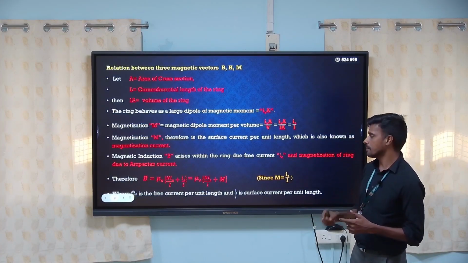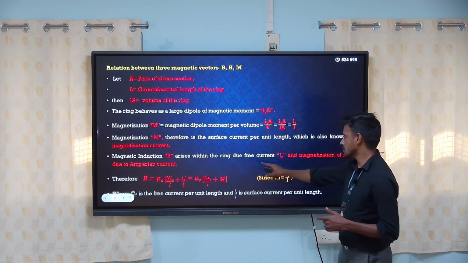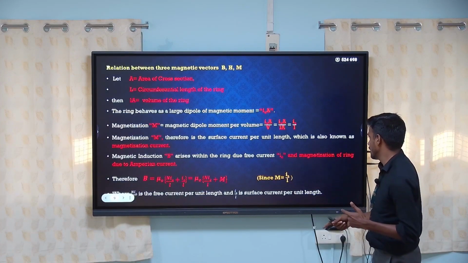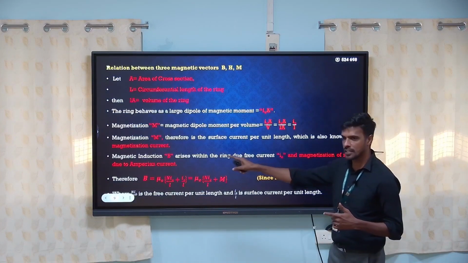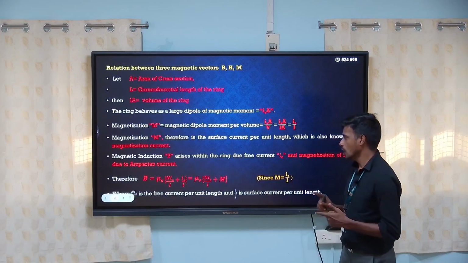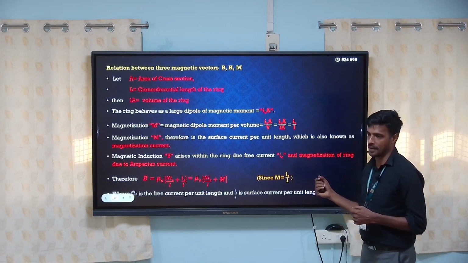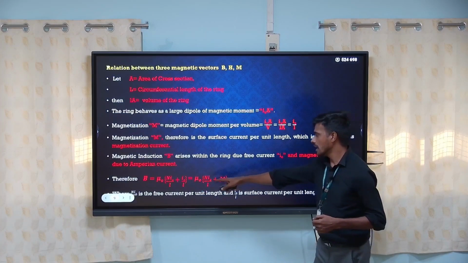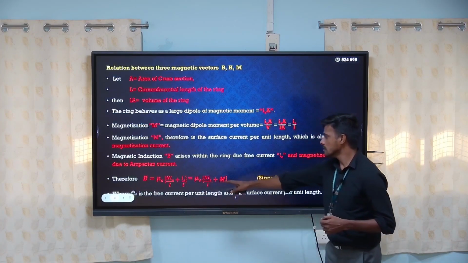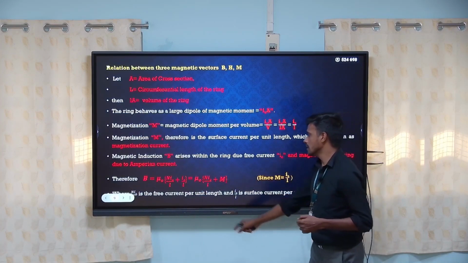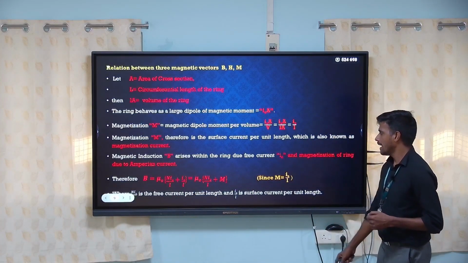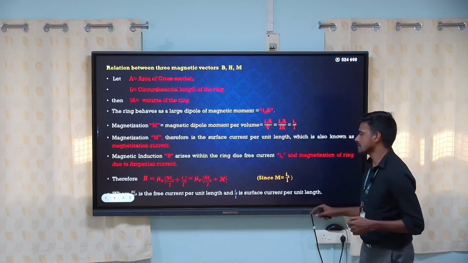We know that the magnetic induction B arises within the ring due to the free current I naught, which passes through the Rowland ring, and the magnetization of the ring is due to the ampere current. One is free current and one is ampere current. Therefore B is given as mu naught into (N I naught by L plus Is by L). Here N I naught by L is the free current per unit length and Is by L is the surface current.